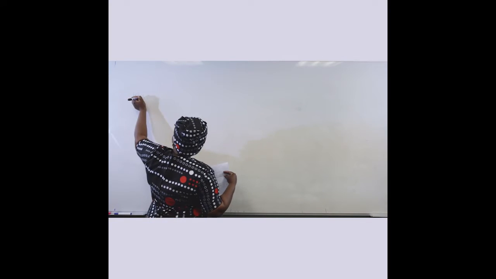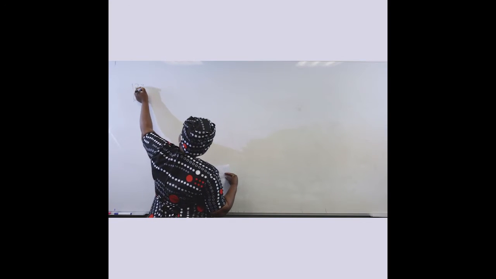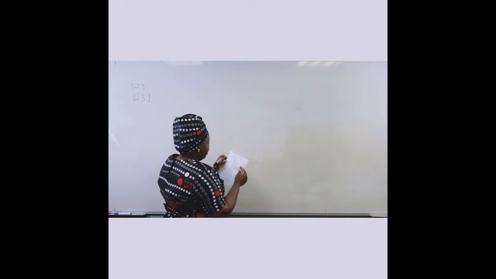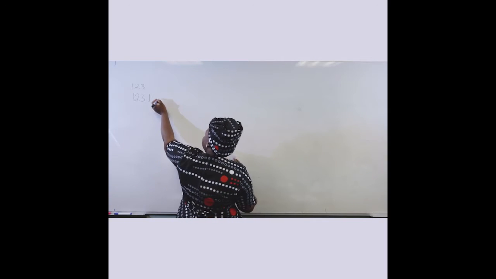Let's see, 12.3.1. They said prove that. So we are doing too much proof here. For angles A and B, obviously the left side must be equal to the right side. So let's write what they've given us.